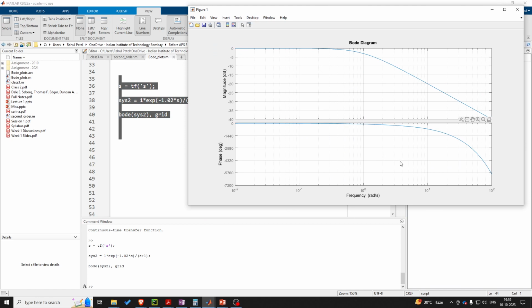So in the class we had discussed that this y-axis will be amplitude ratio, but usually amplitude ratio is also represented in terms of decibel. So decibel is nothing but 20 log to the base 10 times of the amplitude ratio. So that is what is plotted over here, decibels versus omega.